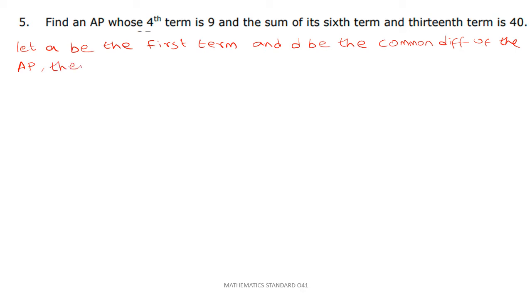Then the general formula is An equal to A plus N minus 1 times D. So now let's see what is given. The fourth term is 9. So children, fourth term means what? A4. A4 is given as 9. So what is the N value here?